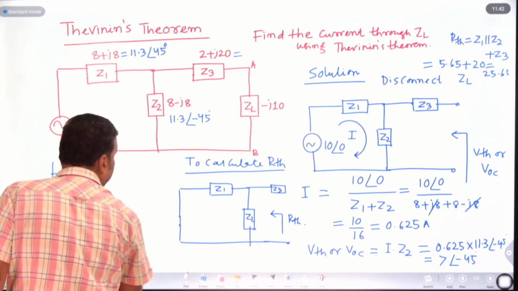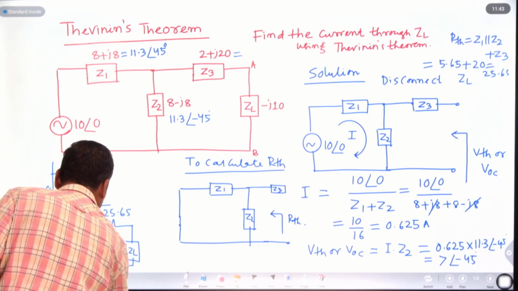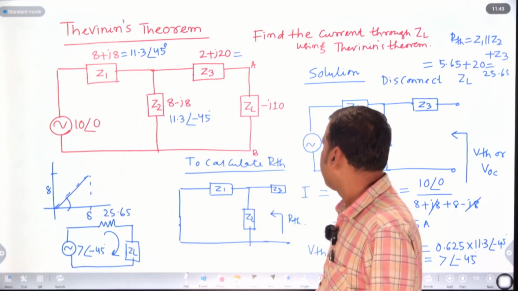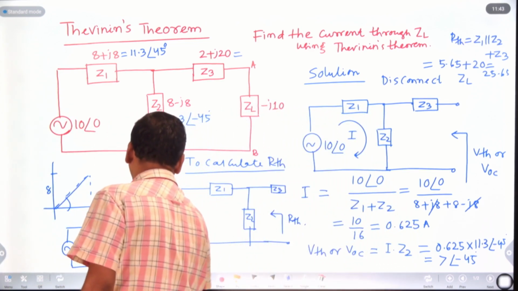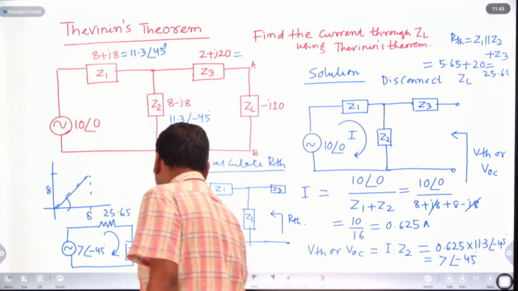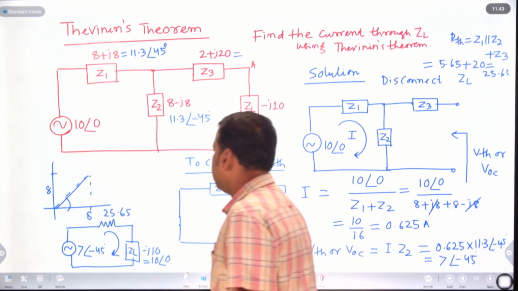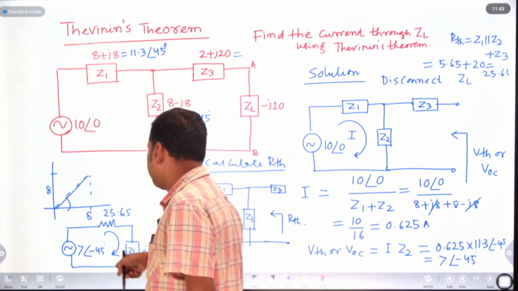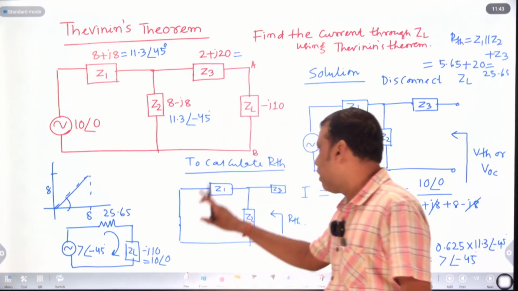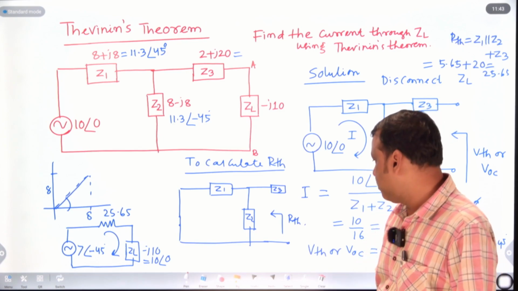Then connect the ZL, and you can find out the current flow through this load impedance ZL, which is minus j10, the real part is 0, and the magnitude is 10 angle 0. So the current flow through this impedance is how much? Voltage 7 divided by this plus this. In this way you can calculate the current flow through the load impedance ZL by using Thevenin's theorem.